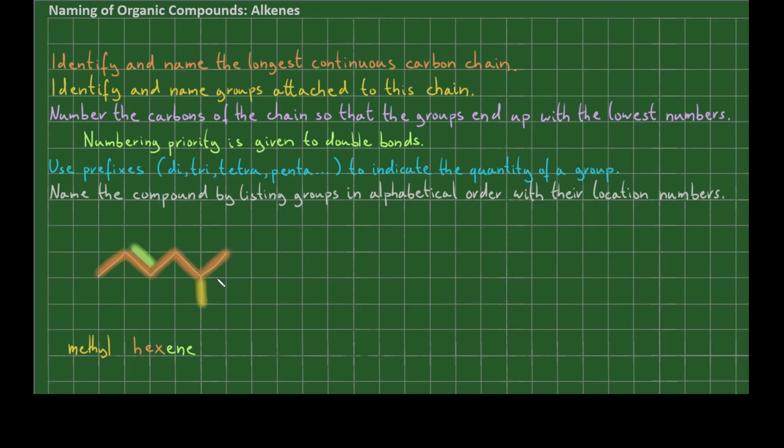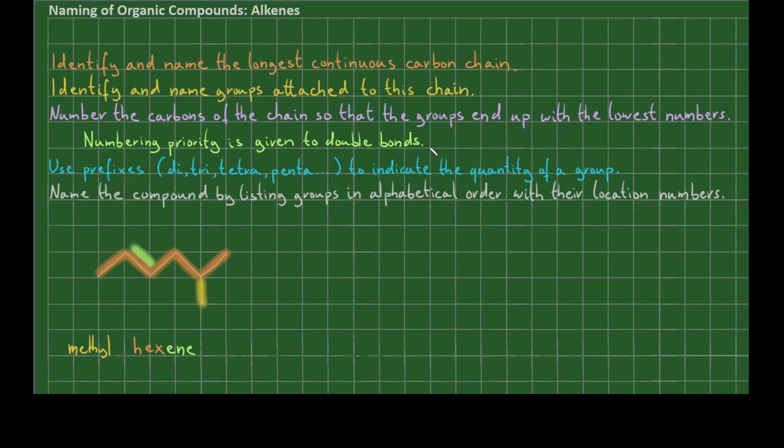If I number the chain from left to right, well then the double bond will end up on carbon number 2. Which is the correct option? I look at the sub-rule in green. Numbering priority is given to the double bonds. This means that if I have to decide what should get the lowest number, a methyl group or a double bond, it is the double bond that wins.